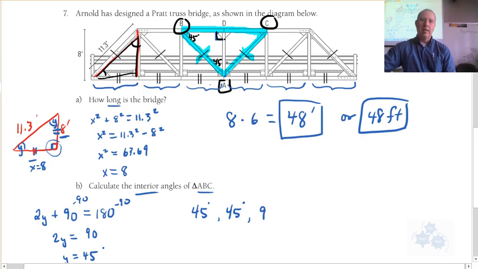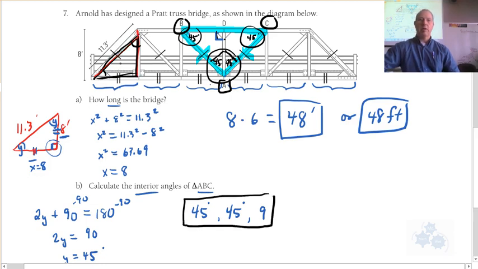So that means that this is 45 and this is 45. So what is 45 plus 45? Yeah, it's 90. So do you guys see that that's actually the same kind of triangle as this one? They're similar triangles. One is just larger than the other, but they're the same shape. So 45, 45, 90, and also 45, 45, and 90. So this is actually true for the angles of ABC as well, but it wasn't this triangle that we initially looked at.